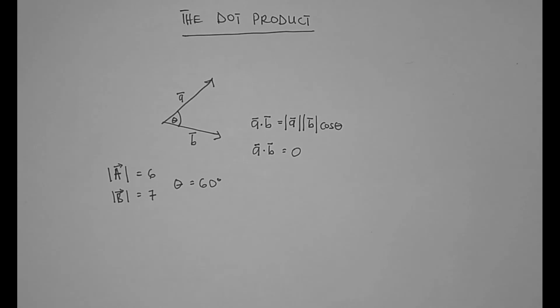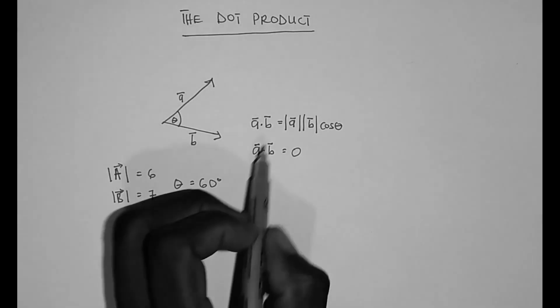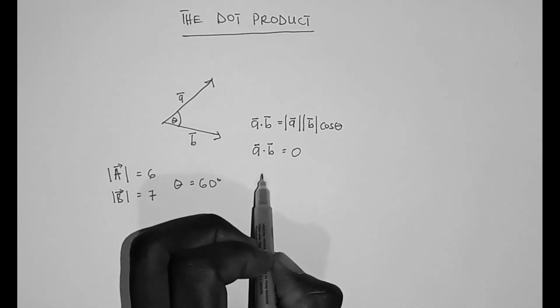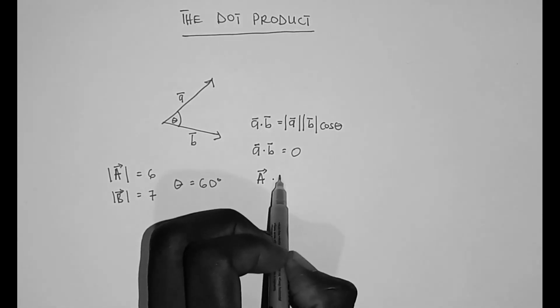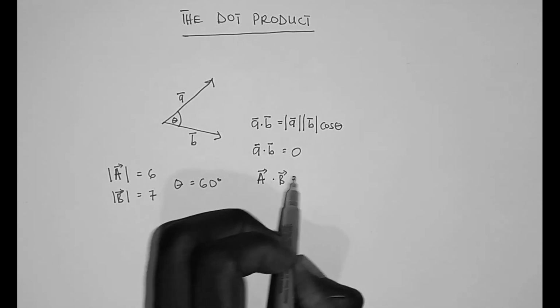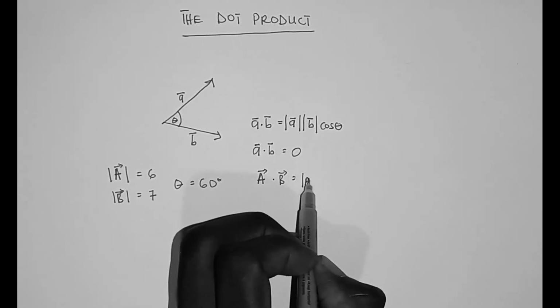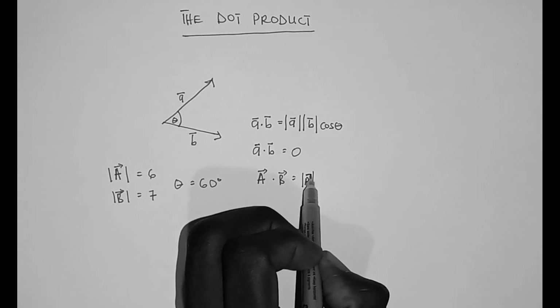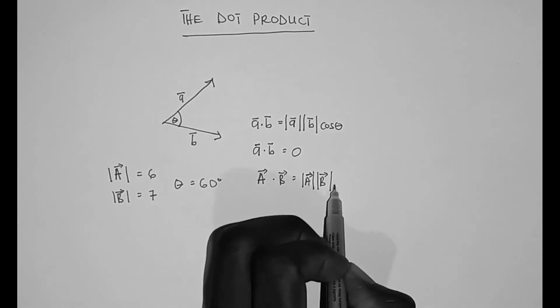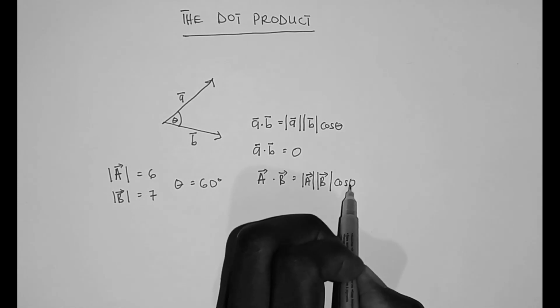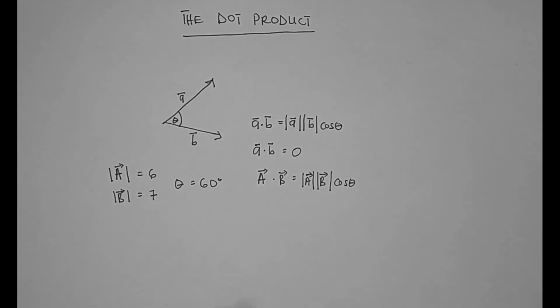What is the dot product of vector A and vector B? So using this formula, vector A dot vector B is equal to magnitude of vector A times the magnitude of vector B, then cos the angle between vector A and vector B.